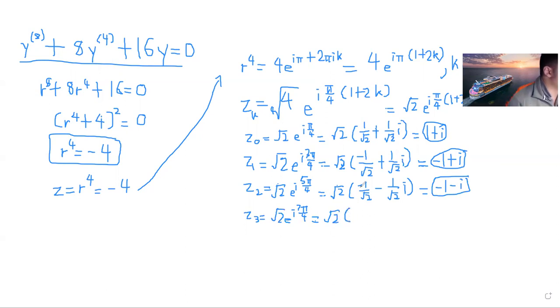Okay, let's see. Yeah, that's 1 over root 2 minus 1 over root 2 i, which is equal to 1 minus i.